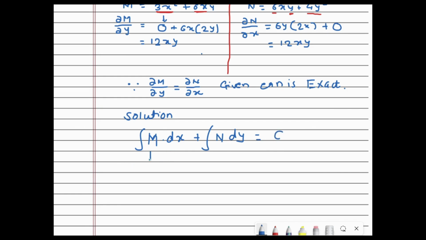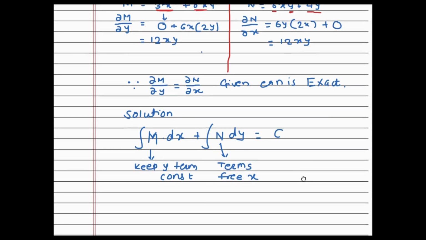Here there is a condition for integrating M, keeping y constant, keep y terms as constant. This is the rule, and in N we choose the terms free from x. Only terms in N which are free from x. There should not be x terms taken into account.